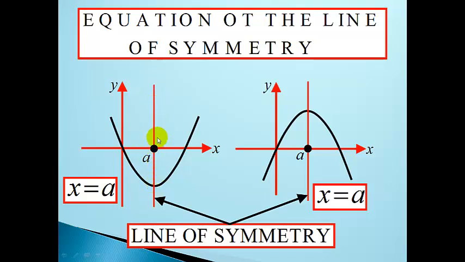So the equation of the line of symmetry is x equals that value, so x equals a. This is the maximum curve. This is the line of symmetry, the line dividing the curve into two equal halves. That line passes through a on the x-axis, so x equals a is the equation of the line of symmetry.